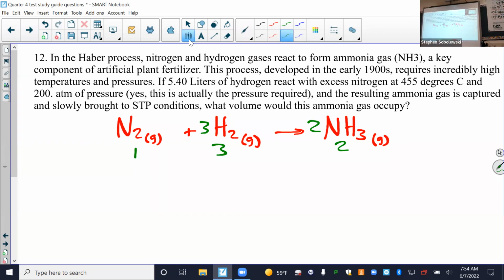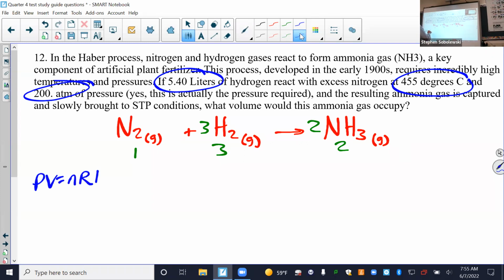Well, it gives us liters of hydrogen gas at this temperature and this pressure. Once again, it gives us liters, temperature, and pressure of the hydrogen gas. What can you determine with those three values? Well, remember, we always know R, so you can determine n, the number of moles, and that's how we're going to start.